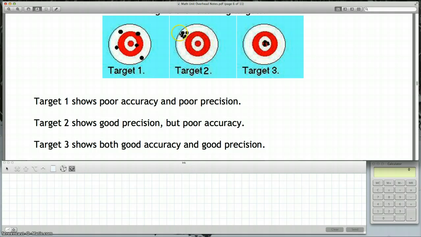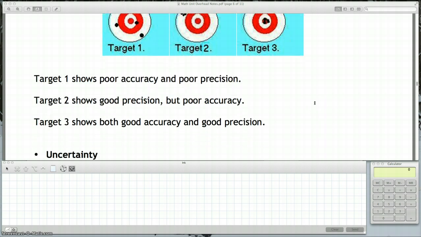So, good precision, but poor accuracy. Target 3, all near the bullseye, all near each other, so good on both accuracy and precision.